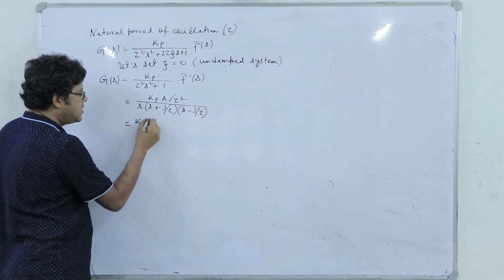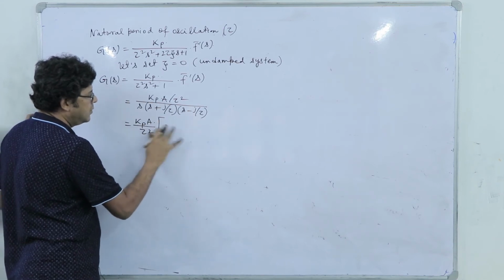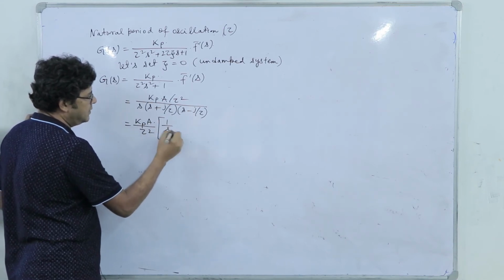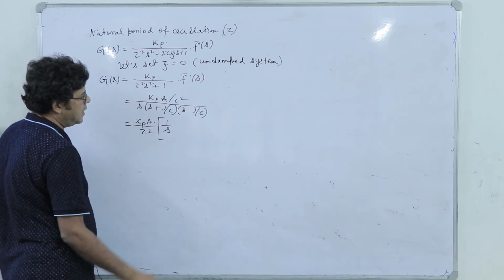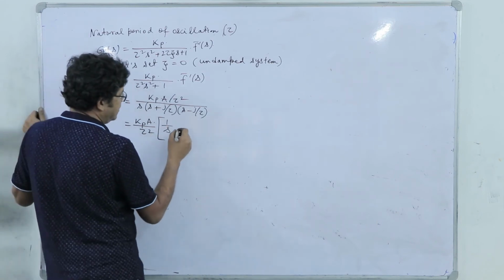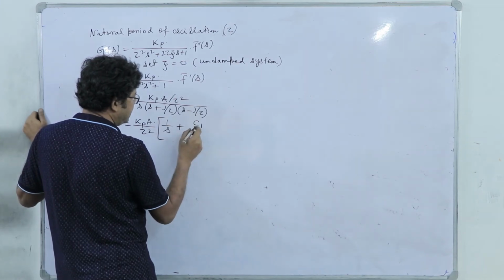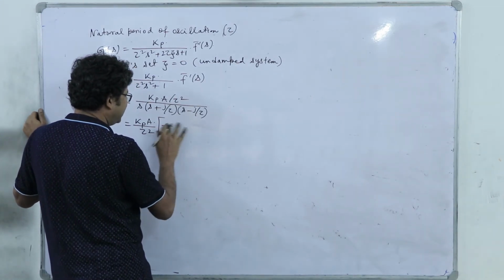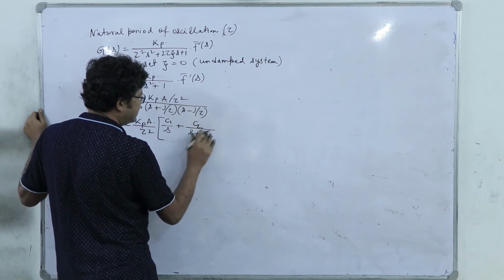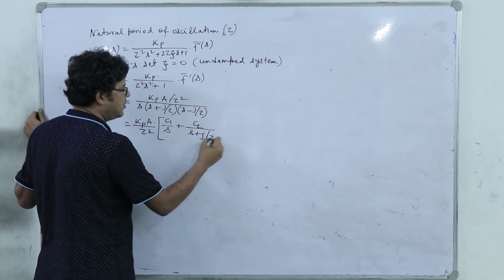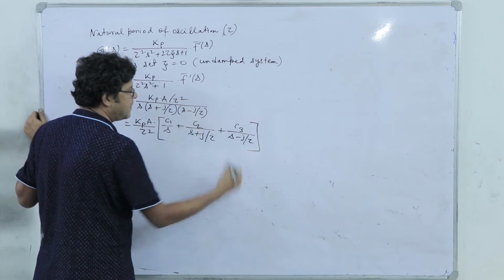So, Kp into A by tau square 1, or let us say it is 1 by S, let us write that in this way, 1 by S plus C1 divided by S, C2 divided by S plus j by tau, plus C3 divided by S minus j by tau, right.